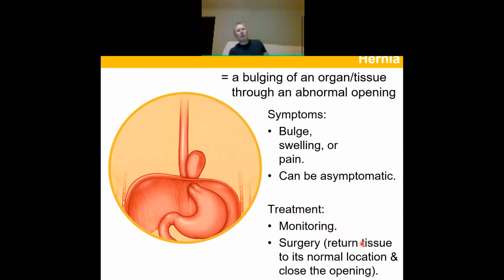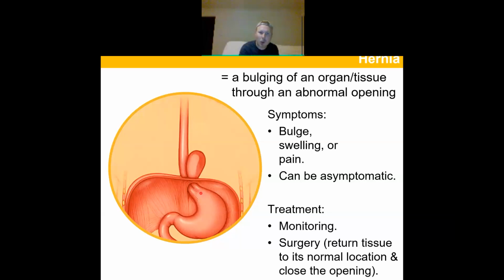I said that let's talk a little bit about hernias. So a hernia can take place in many different parts. In this context, we're looking at the stomach. So here we see our diaphragm, this muscular sheath, separating the abdominal cavity from the thoracic cavity. And there were only very few holes that went through our diaphragm. And one of those was the esophagus.